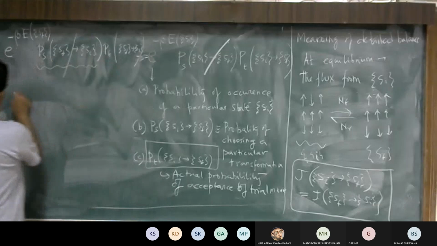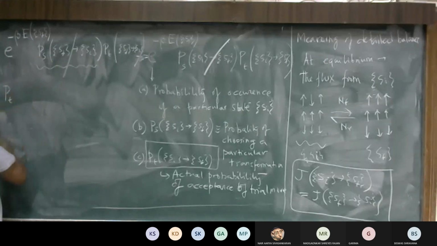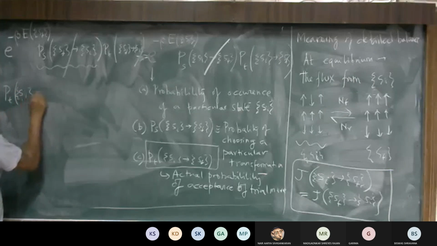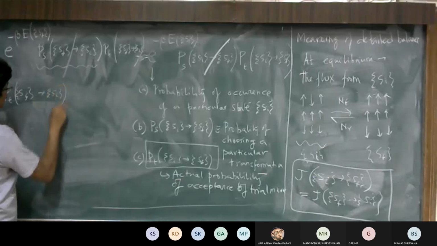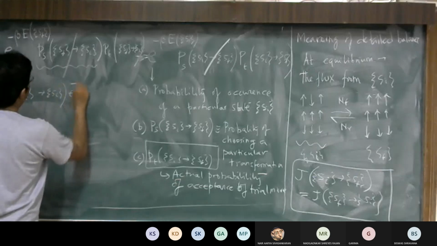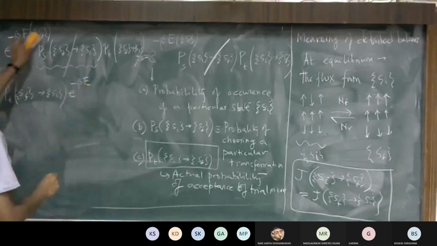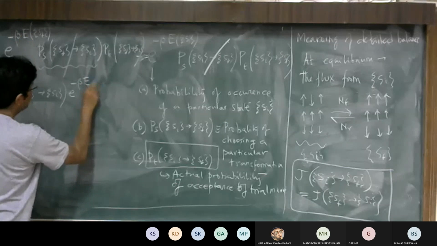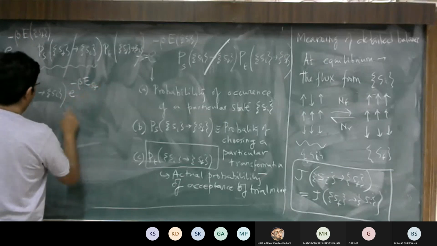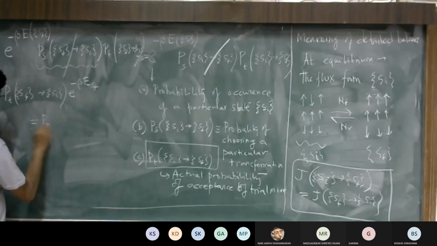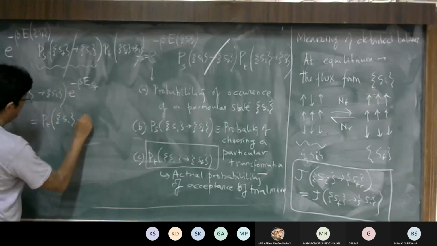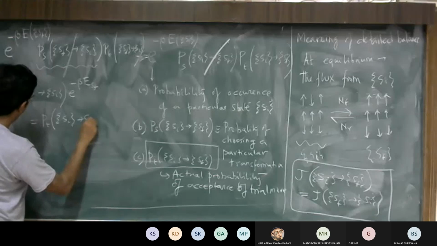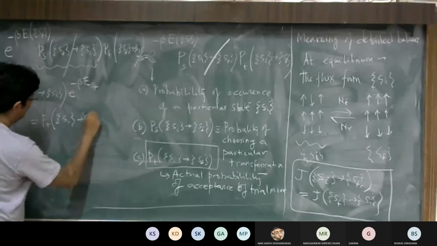What you are left with is, if I look at this ratio, PT SI to SF over PT SF to SI, this is equal to e to the power of minus beta, and instead of using this conversion notation, let me just write SF.